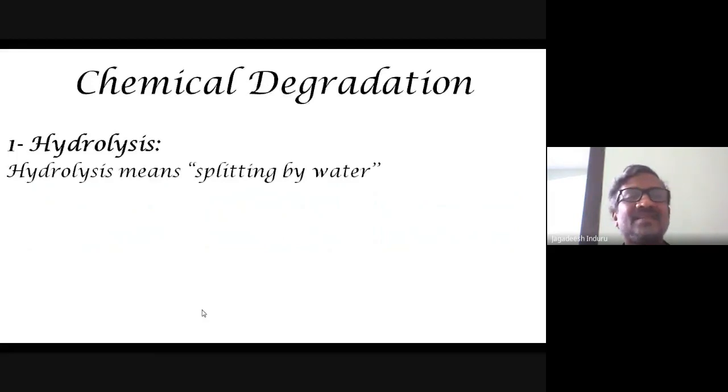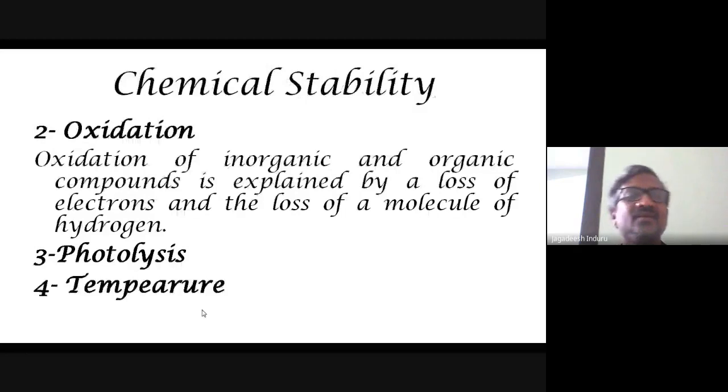And the second chemical degradation is oxidation. It is of inorganic and organic compounds with the loss of electron or addition of oxygen. So it will be either loss of electron or loss of hydrogen or addition of oxygen into the product. Whether it is an inorganic product or an organic product, we call it oxidation.